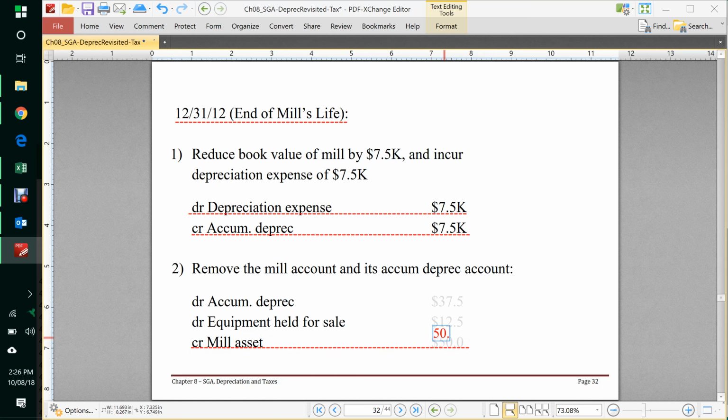We're going to say CR mill asset of 50. So the mill is gone. Remove the mill from their books. And now, how much is in the pilot fish account? Well, it's not 50 anymore. It's 7.5 times 5, right?